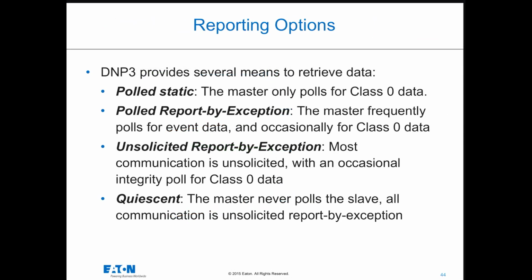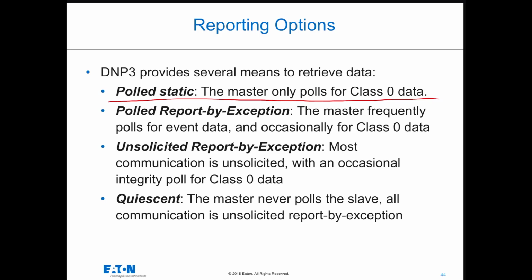So really, when it comes down to DNP's modes for retrieving data from an outstation, you can have polled static, which is really the real-time database every time, just like Modbus.